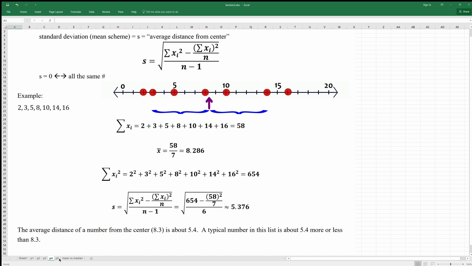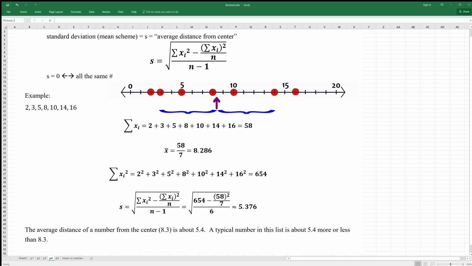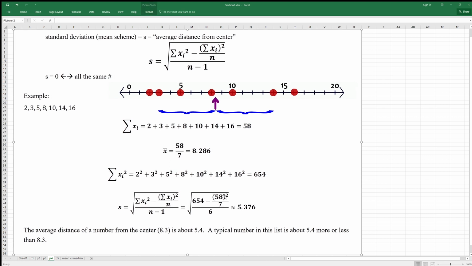58 squared gives me 3364. It's not going to let me highlight this. 3364. And then if I divide by 7, oops, I'm going to get 480.57 something. That's this guy.